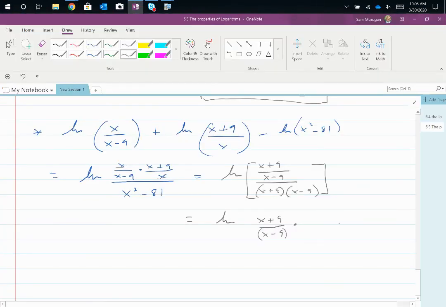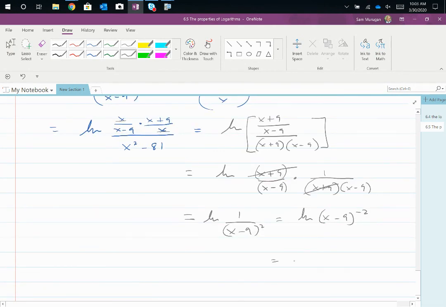Okay, we're back. So this is 1 over x plus 9 times x minus 9. So x plus 9 cancels out, and this leaves me with 1 over x minus 9 squared, logarithm, which is logarithm of x minus 9 to the power negative 2.